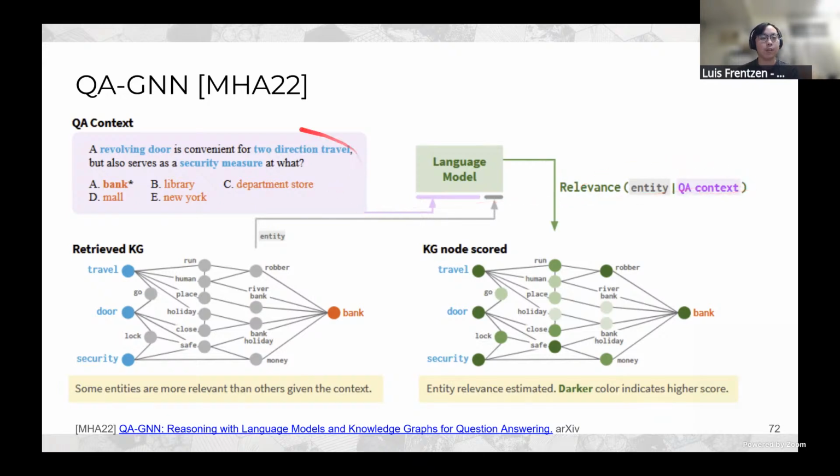For example, maybe the QA context is the questions and then the answers. The resulting KG is going to be a pruned version of it, where you take the top n of the important nodes. So it's very straightforward. You use a language model to do it semantically.